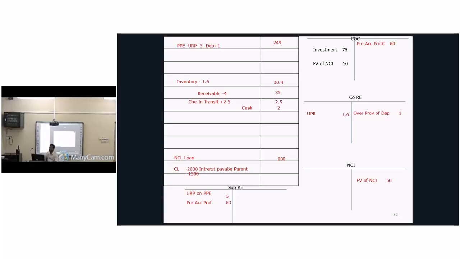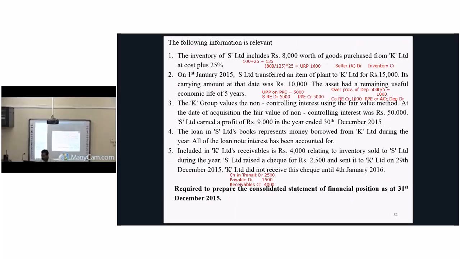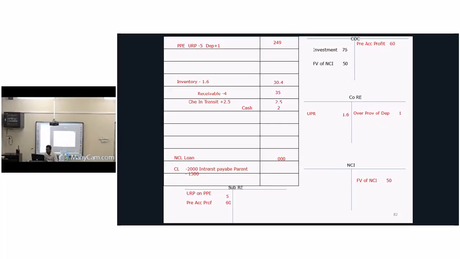And the next line is share capital. Share capital 50 and 40. Here share capital 50, subsidiary share capital 40.